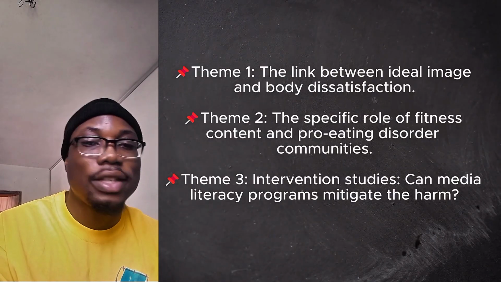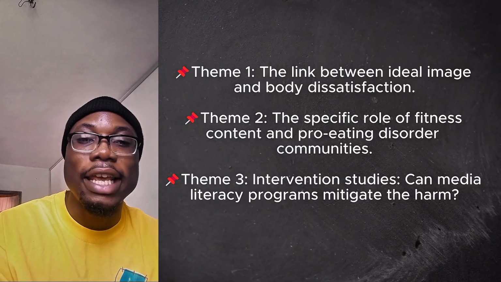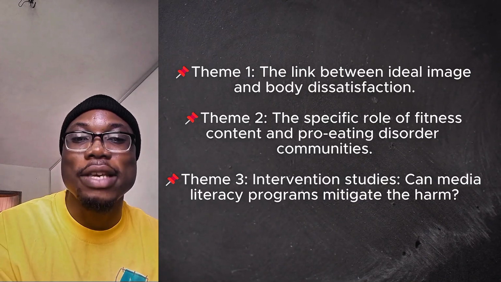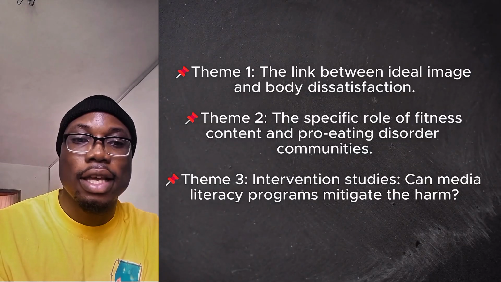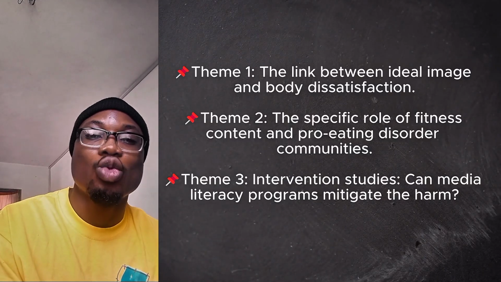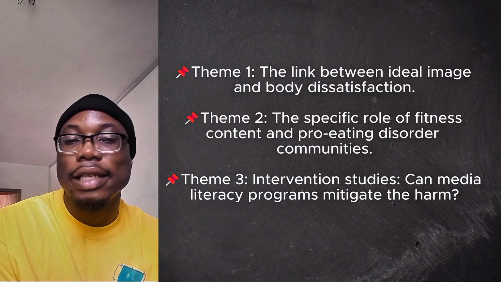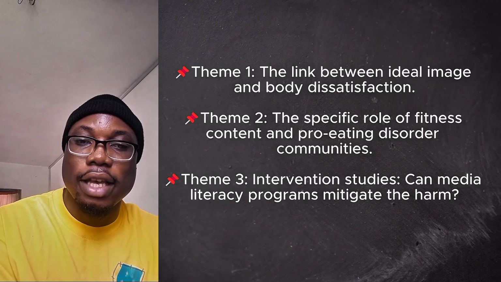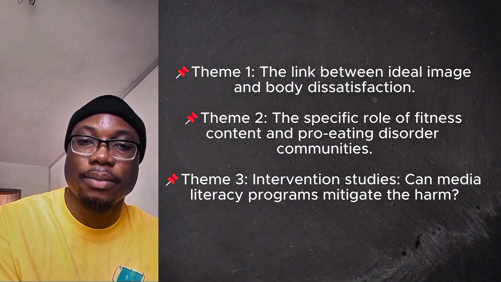In our fitness example, the themes might be the link between the ideal image and body dissatisfaction among adolescents. Another theme can be the specific role of fitness content and eating disorder communities. You can also have something like, can media literacy programs reduce the harm?